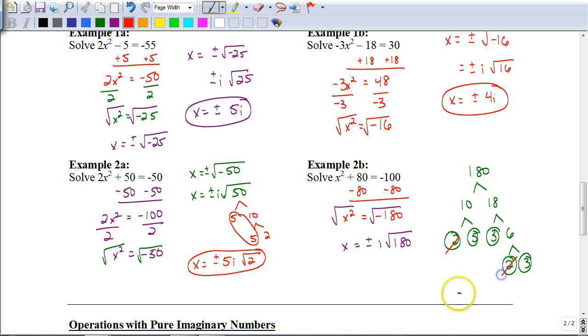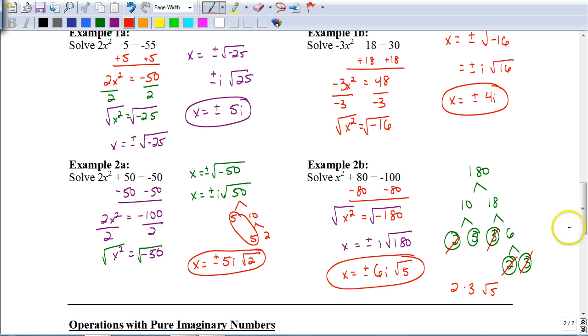I have a pair of 2's, so that's going to be 2 times, and I have a pair of 3's. That just leaves me with the 5 under the radical. So my answer, putting this all together, is x equals a positive and negative 2 times 3, which is 6, so 6i times the square root of 5. And that would be my final solution.